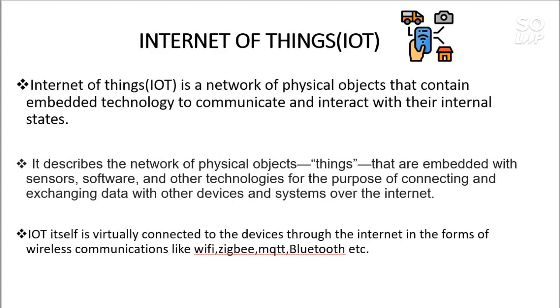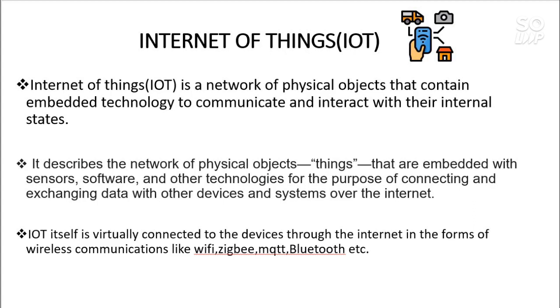And the Internet of Things is used for physical objects that can be embedded with Wi-Fi to connect to several other objects or devices throughout a certain range.